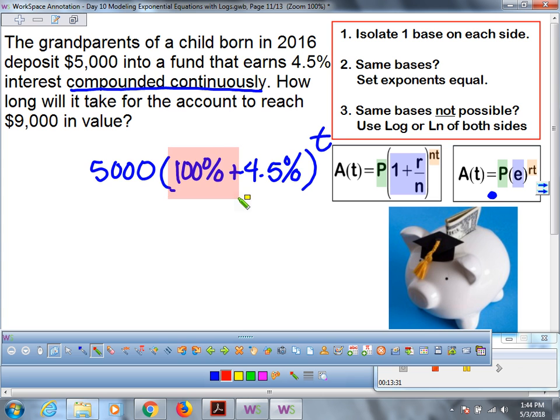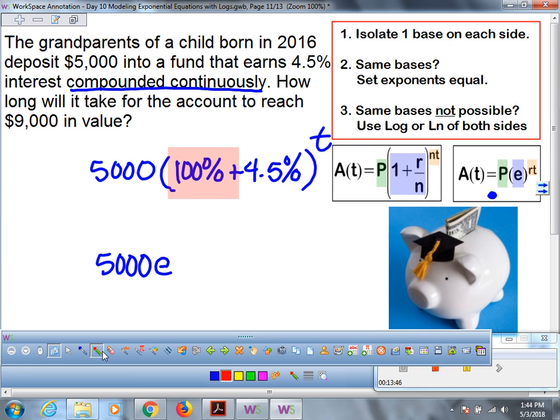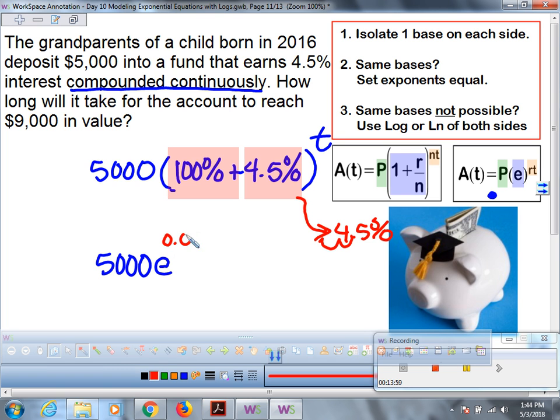This portion right here is going to change to E. Let me show you. So it's going to be 5,000 E. Now my rate is going to be a power, or an exponent. So 4.5%, remember, be careful with that. 4.5% is really 0.045.